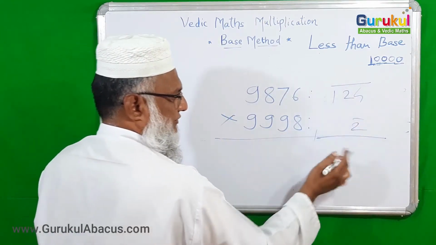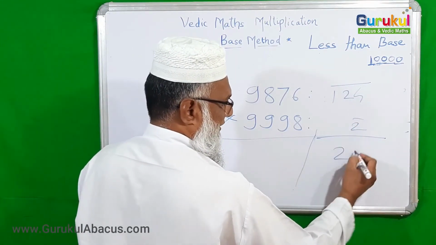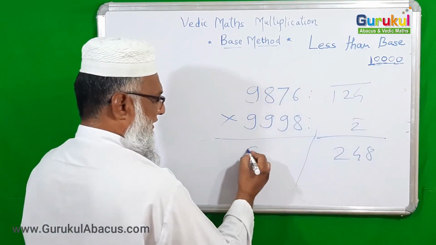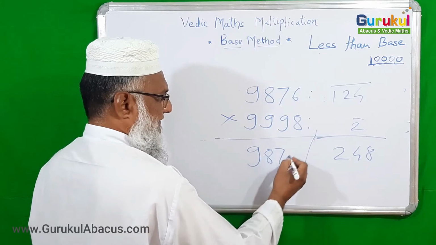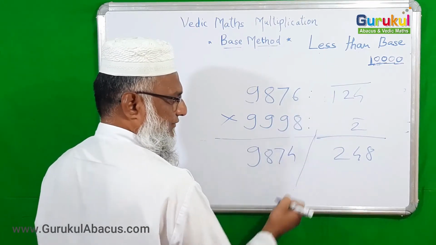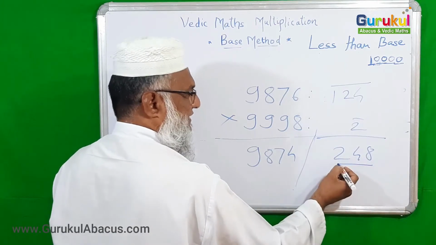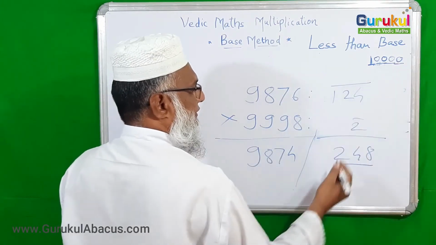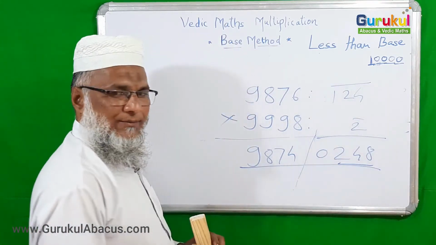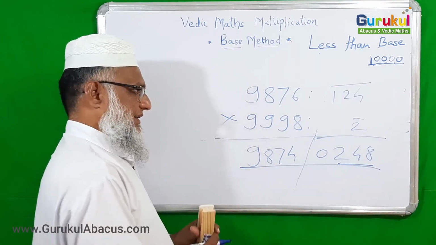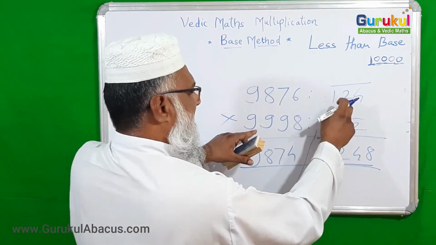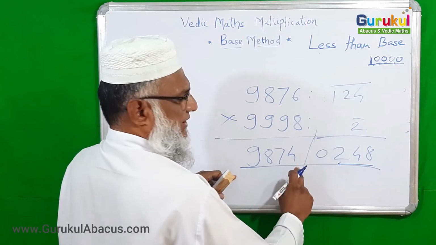Now multiplication of these two is 248 and this number minus this number came to 9874. It was only a 3-digit number. Here base has 4 zeros, so one more 0 we added and this answer we got. Apart from this, you can also subtract this number from it to get the left part of the answer.